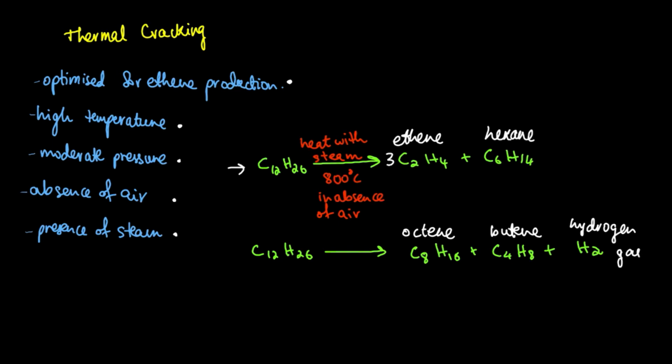Now, why is hydrogen gas being produced? Hydrogen gas will be a cracking product when the other two products are alkenes. Usually we were getting one alkane and one alkene, but now we are getting two alkenes and hydrogen gas. So that is the only case in which hydrogen gas comes into play.